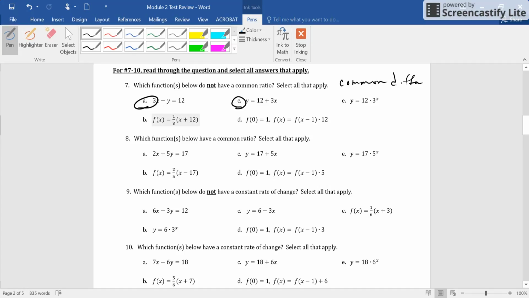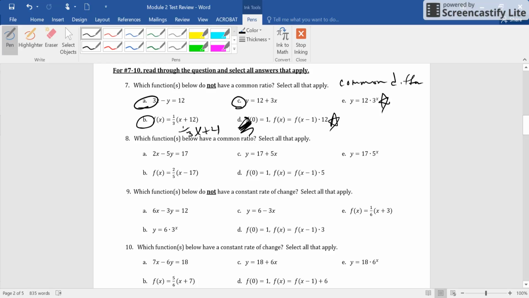This one here, I have 1/3 x. If I distribute this, I have 1/3 x plus 4. So again, it looks very linear. It doesn't have a common ratio. And finally, the last one is times 12. This looks like a recursive with multiplication. So I am not going to do this. Sorry, this one is a correct answer. And also this one down here, this is exponential as well. That's written explicitly.